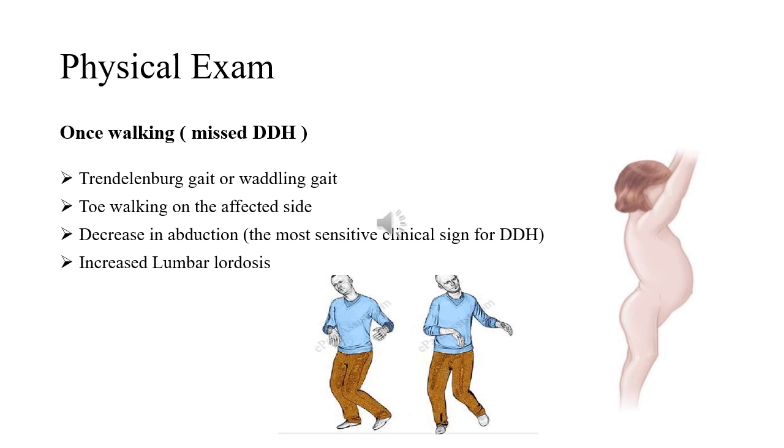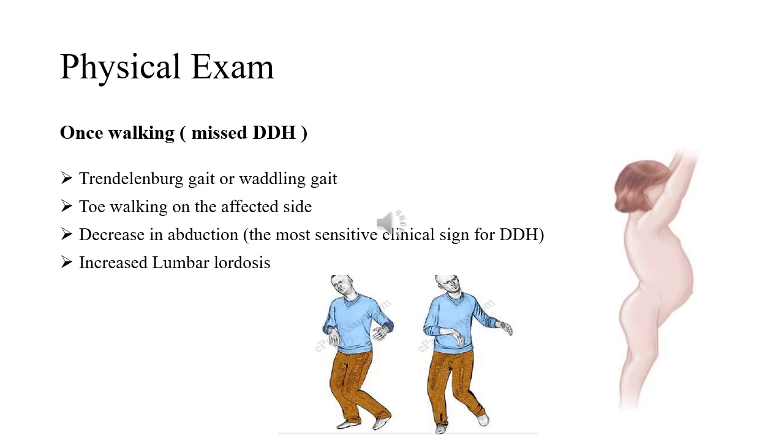Before we carry on with the physical examination signs, I would like to draw your attention that the most important and sensitive clinical sign for DDH is asymmetrical abduction of the hip joint in the case of unilateral DDH.